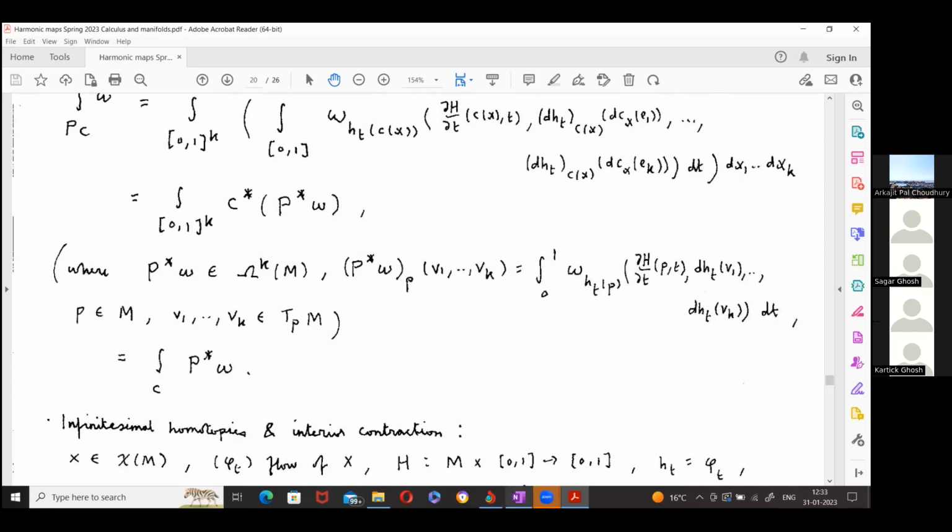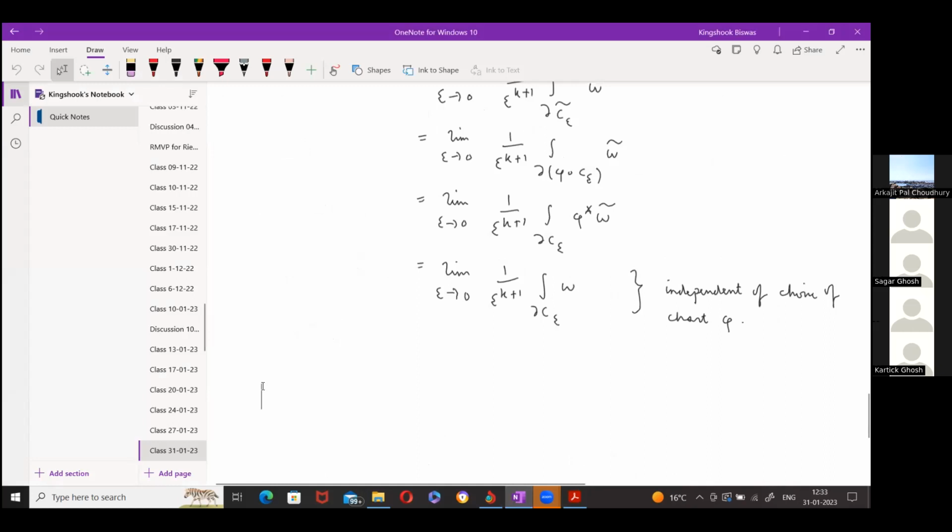Okay, so the picture is like this. If you have omega, a (k+1)-form on N, then P star omega will be a k-form on M. So what you do is you have a point p and you have tangent vectors v1 up to vk. Now you look at the curve h_t(p).